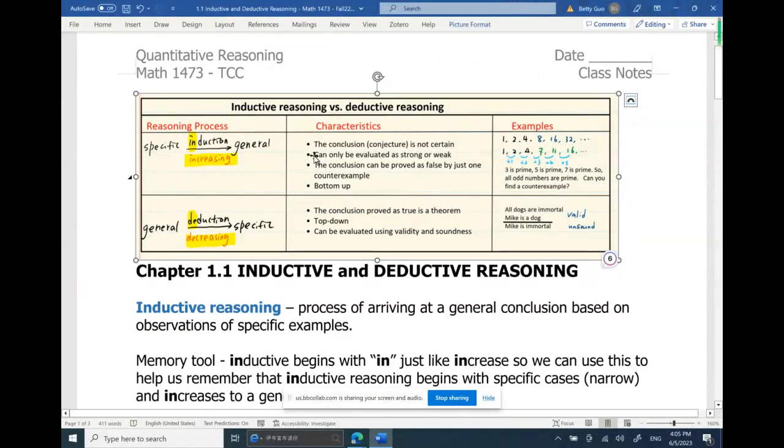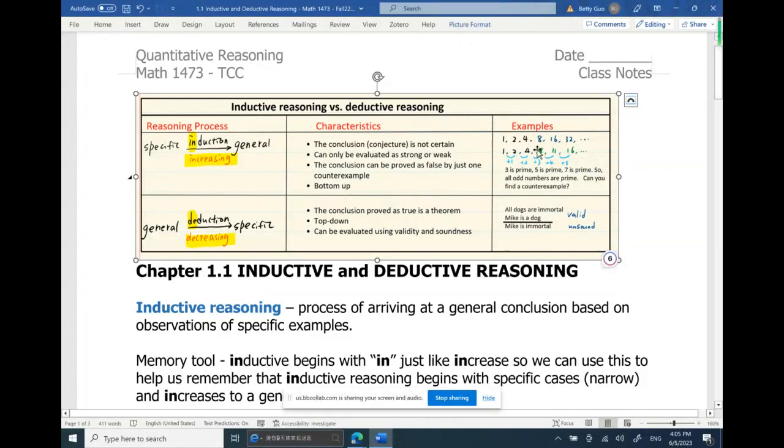In my table note, I also include characteristics for both reasoning processes. For induction, we want to know the conclusion, which is called a conjecture, is not certain.